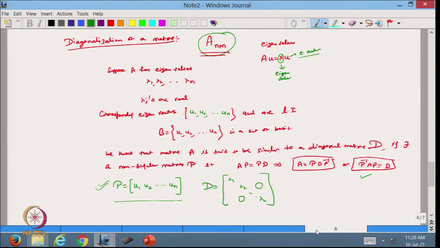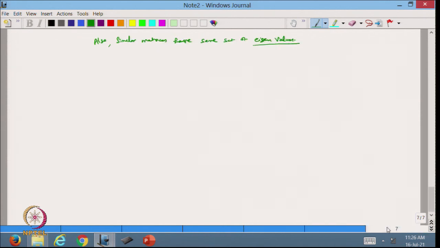That is the property of similar matrices, because I am able to write A P is equal to P D. So, A is equal to P D P inverse.